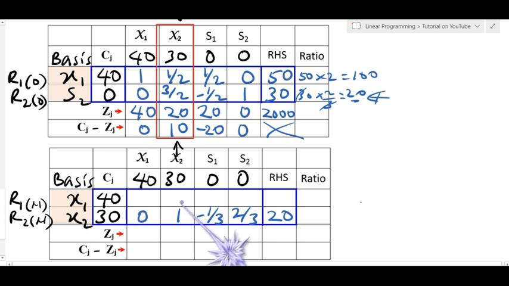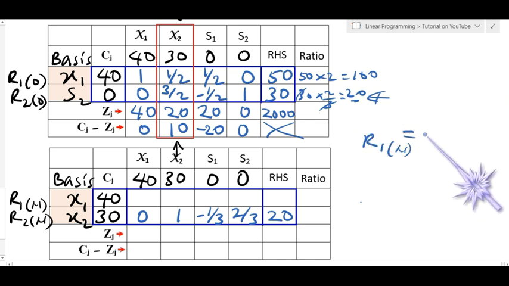After getting this, you look at this entry here. Here it's going to be 0. So remember our formula for this row 1: R1 new is equal to R1 old minus, because the sign at this corresponding position is positive.